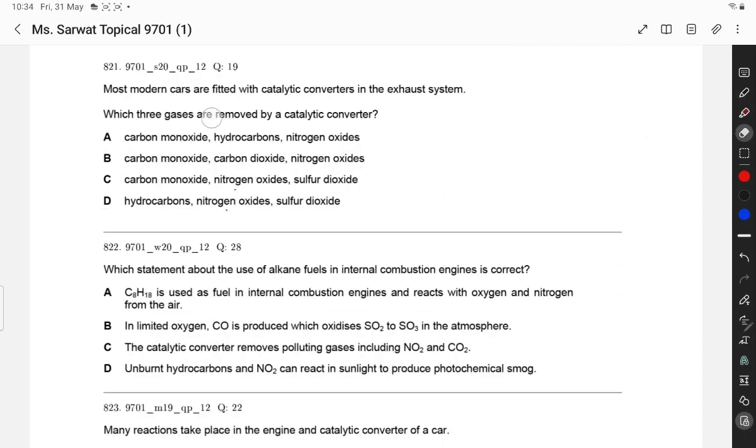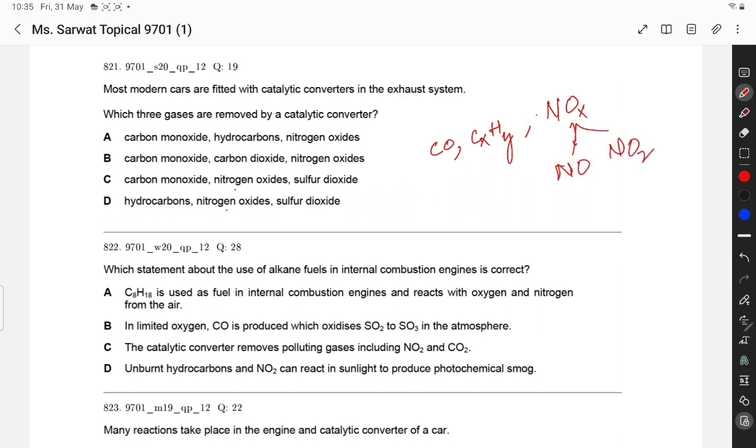Next question is, most modern cars are fitted with a catalytic converter in the exhaust system. Which three gases are removed by the catalytic converter? Catalytic converter removes carbon monoxide, unburnt hydrocarbon and oxide of nitrogen, NOx, which can be nitrogen monoxide or nitrogen dioxide.